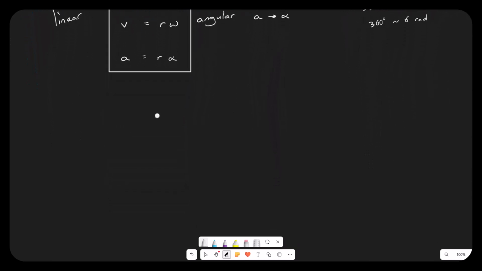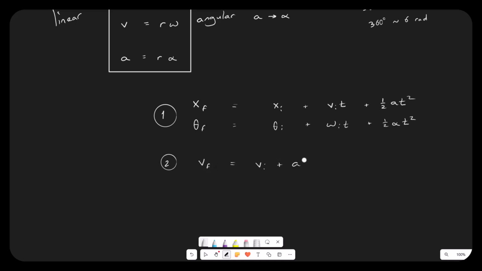So then where I had these linear equations that looked like this, I will now have theta final equals theta initial plus omega initial t plus half alpha t squared. That was my equation 1. Equation 2 looked like v final equals v initial plus a t.